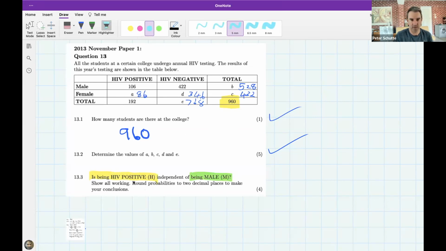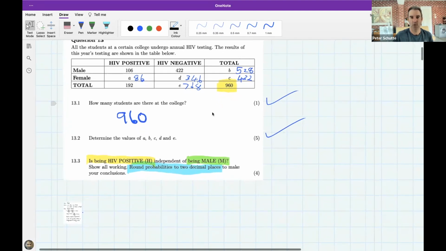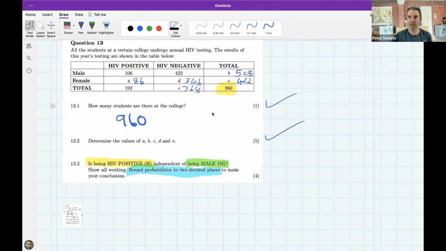I didn't mention this in the last lesson, but at some point you have to have a degree of rounding for these independence calculations, so we're going to use 2 decimal places. But what I want to know from the class is, what are the 3 key pieces of information I need in order to work out whether or not these are independent?